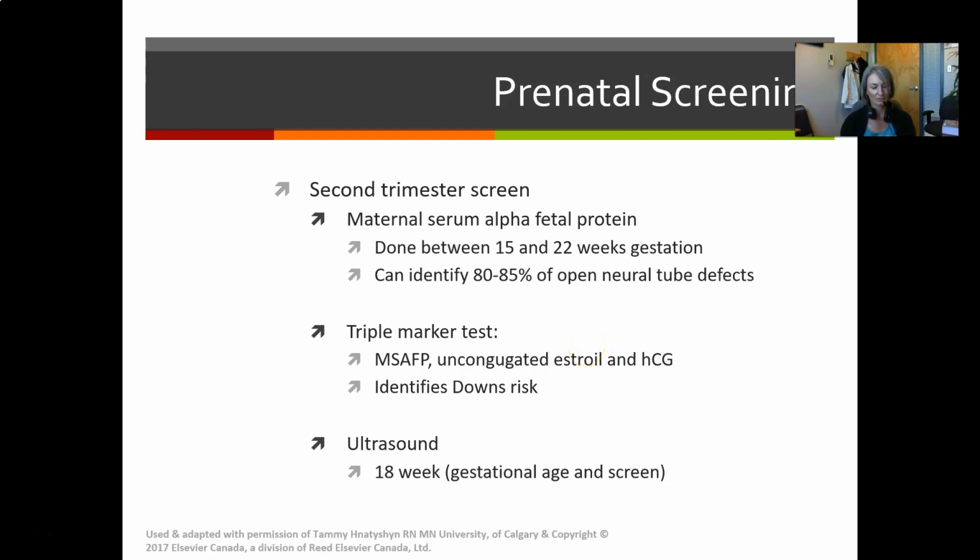Then we can look at our triple marker tests, and it can identify some Down syndrome as well. And then we do our routine ultrasound at 18 weeks. A lot of times we'll do these non-invasive tests first, because then it can say, do we want to go on to the more invasive tests?